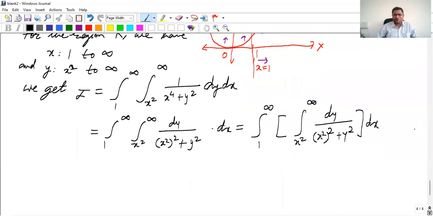Is that okay? Yes. Then we know the integration of dx upon a square plus x square is equal to 1 by a tan inverse of x by a. Is that true?